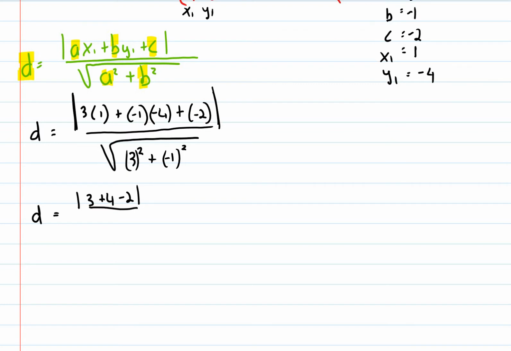That's all over the square root of 3 squared, which is 9, plus minus 1 squared, which is 1. Distance equals 3 plus 4 minus 2, which is 5, over the square root of 10. If we type that into the calculator, we get the distance is 1.58, correct to 2 decimal places.